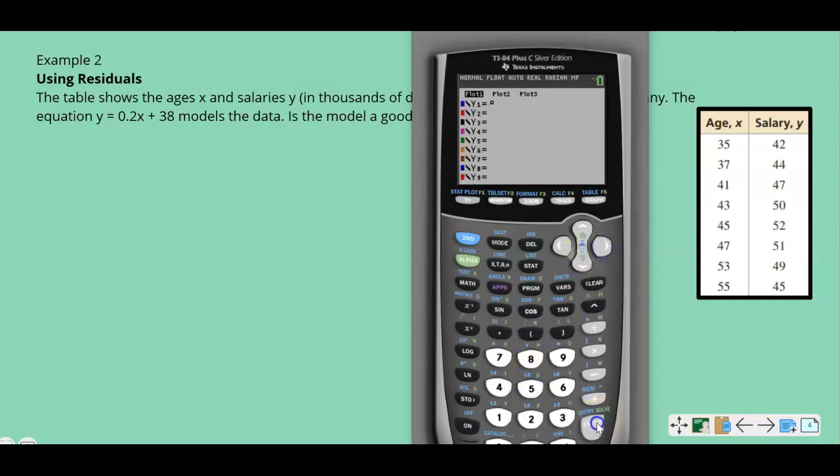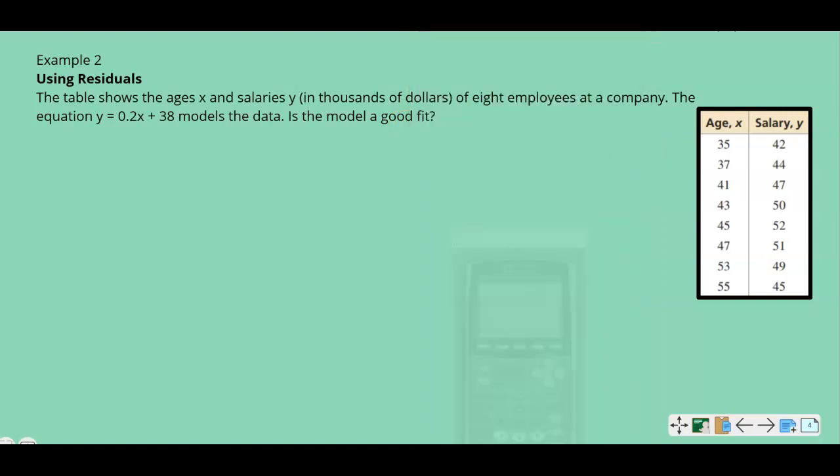This is the equation our calculator wrote for us based on this table of values. Now, does that line represent those points? No, not really. So what can we conclude by this? We can conclude that this is not a good model. This equation is not a good model, and it's not a good fit.